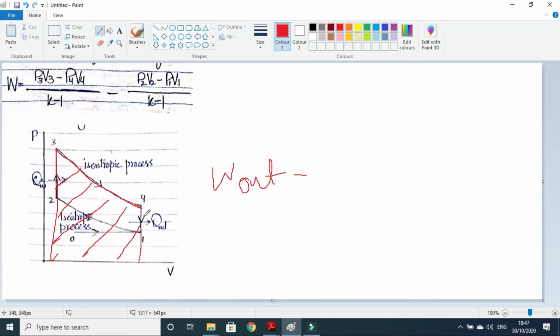If we subtract the area under the process curve 1 to 2, which will be work in, from work out, we will get the net work output, and the net work output will be this area, the area under the cycle.